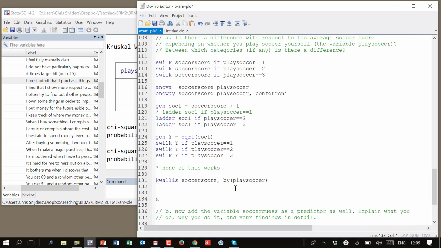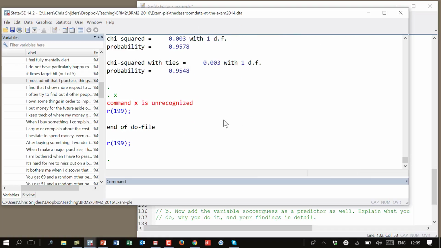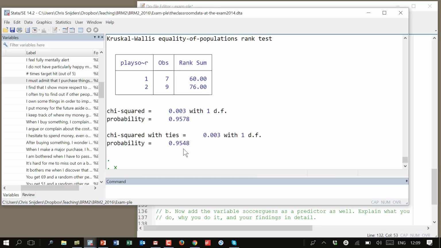So if you want to compare between 1 and 2, this is the way to go about it. And you see here, equality is certainly not rejected.